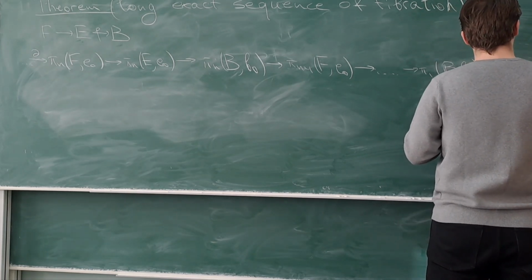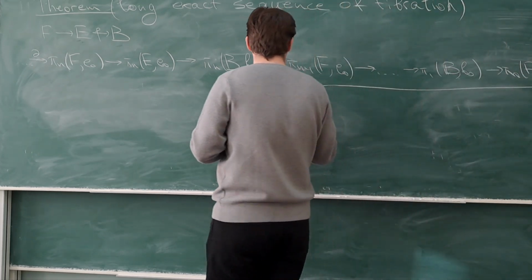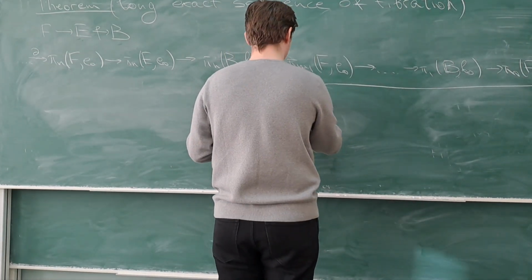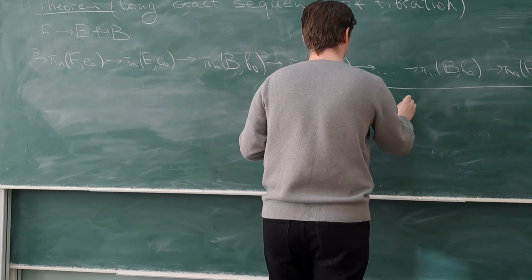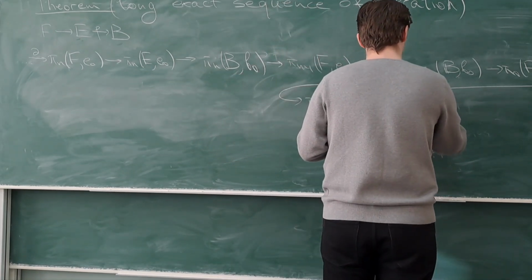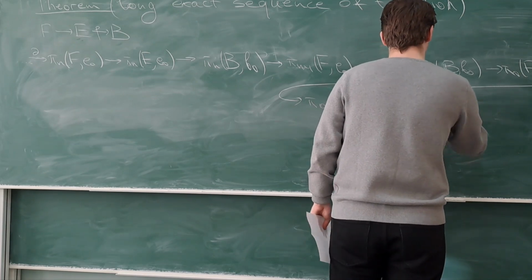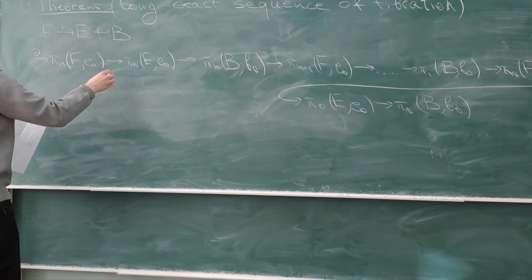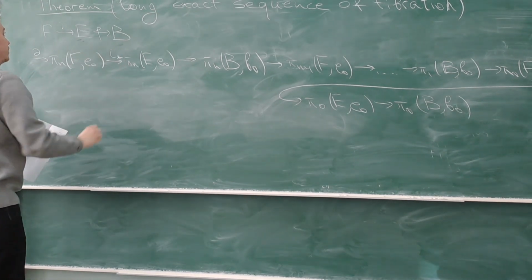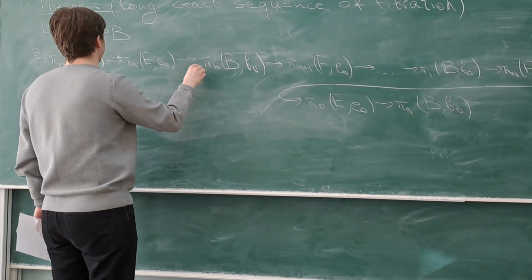π0 of F is 0. And π0 of E is 0. So like that, and let me write here that this map is induced by inclusion of your fiber.